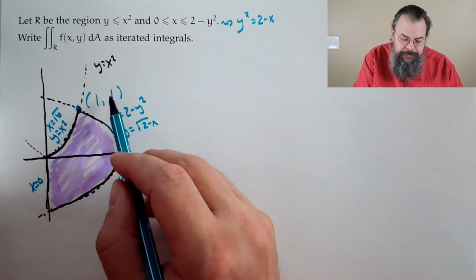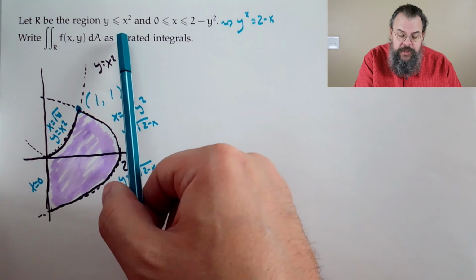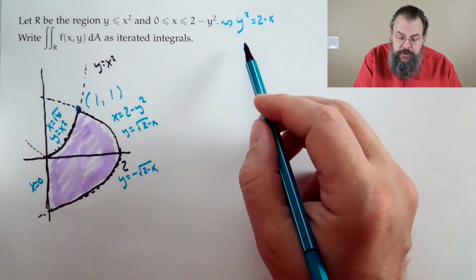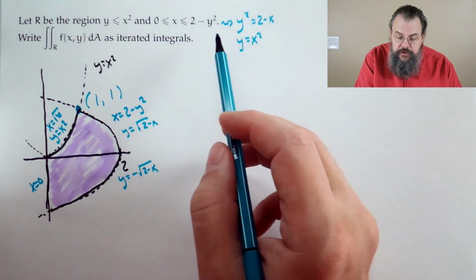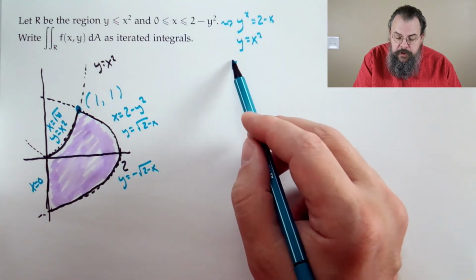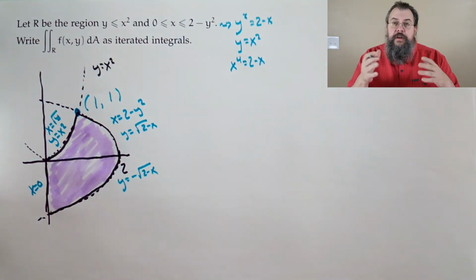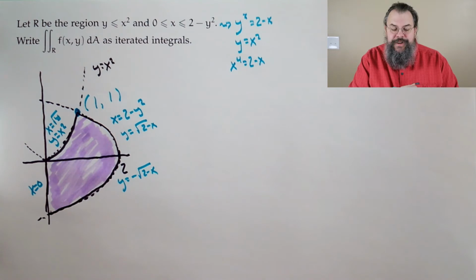Right? 1, 1. Now, if you don't like that, you could say, okay, let's just think of substituting. So when does y squared equal 2 minus x intersect y equals x squared? Well, you can substitute in, right? So replace y by x squared. That's the same as when does x to the fourth equal 2 minus x. And then we just do some factoring, right? Well, it's maybe not the easiest factoring, but yeah, you can factor it, and you'll get some answers.